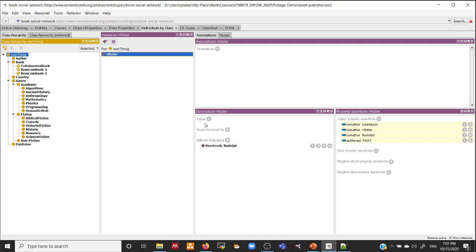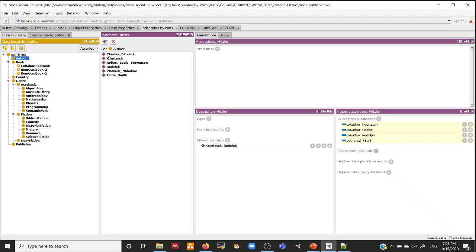You don't see that it is coming under the type author. But Coates and Rudolph are under the author category because they have been defined explicitly to be under the author category.